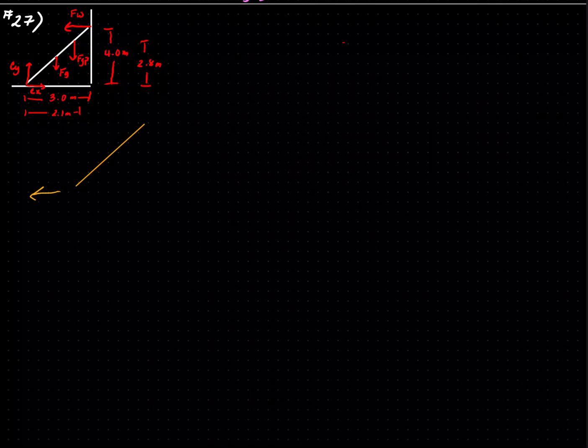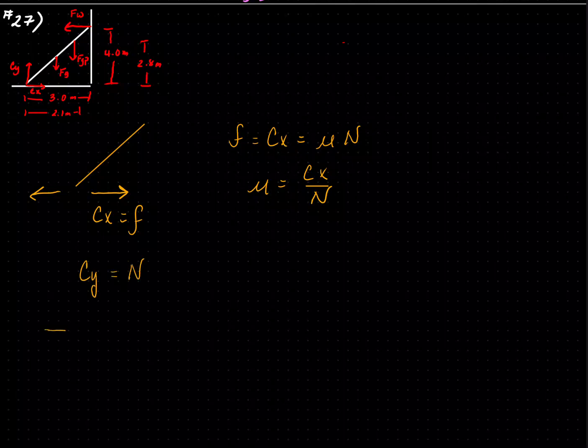So if I look at my ladder, it is going to slip this way. This is my motion. Therefore, friction has to be in the opposite direction. So that tells you Cx is my frictional force. Frictional force is equal to Cx, which is equal to mu N, and so mu is equal to Cx over N. My Cy is the same thing as my normal force because it is being pushed up from the ground.